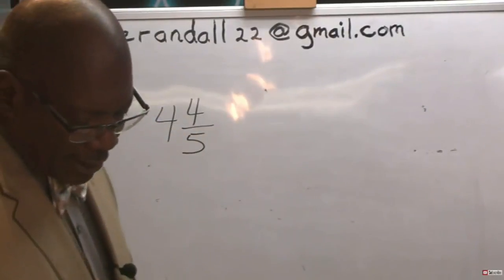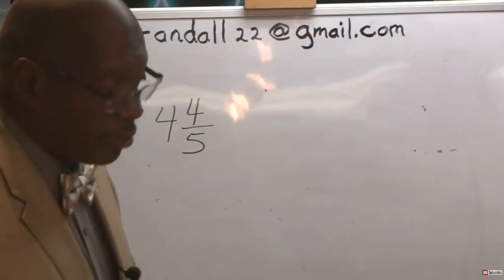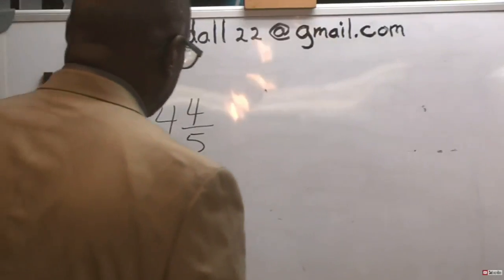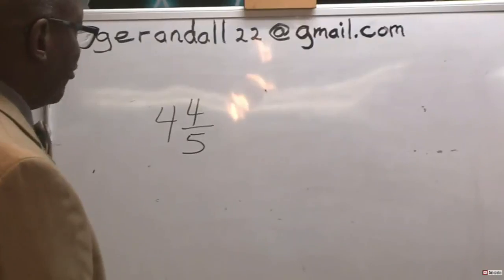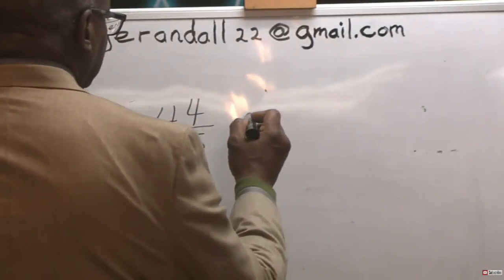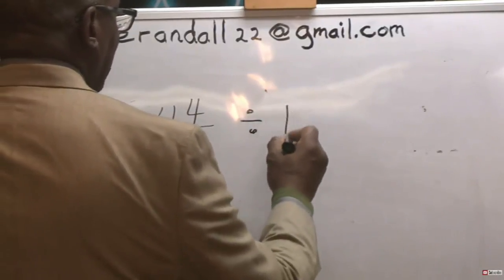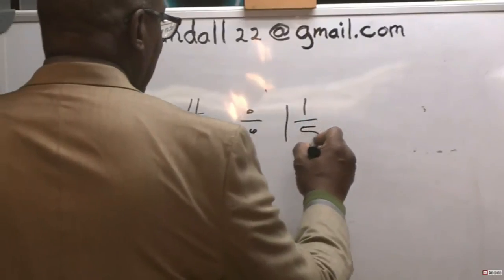And we want to cut a number of pieces measuring 1 1/5 meters. How many 1 1/5 meter pieces of lumber can we get? So again, we have 4 4/5 divided by 1 1/5.